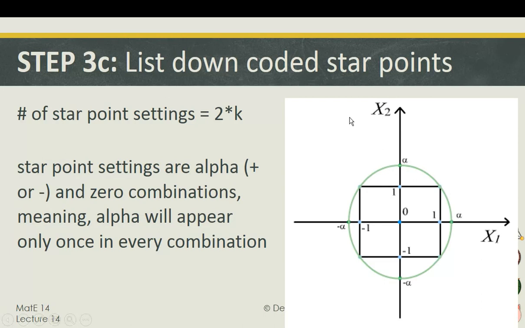Excuse me. So here, this is an illustration of how the coded design of experiment would look like now. So if you look at the square, the corners of the square represent your factorial points, or this is the usual 2 to the k combinations. So here we have plus 1, meaning both factors are set to high setting, while this point is minus 1, where both factors are set to low settings.